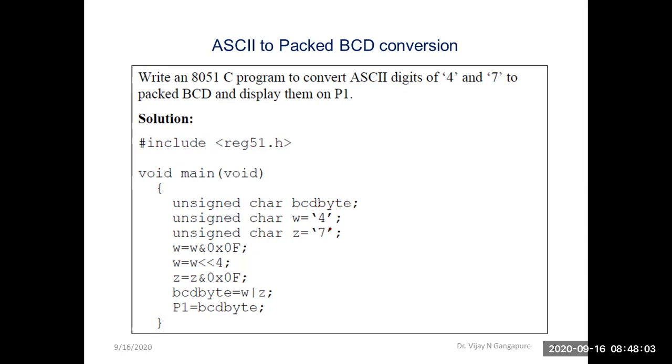Then next is also a declaration statement. I am declaring w as an unsigned char variable, and w is equal to '4' in single quotes, semicolon. A single quote around 4 means it is representing a single character. So what will happen when this declaration statement executes? w will be declared as an unsigned character, meaning it can hold a value from 0 to 255, and to this w I am assigning the character 4.